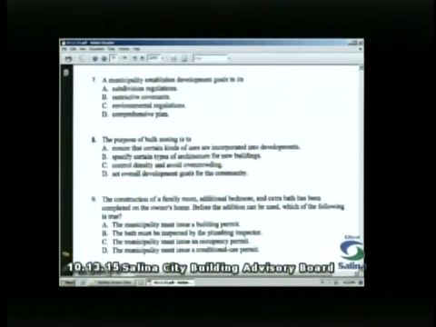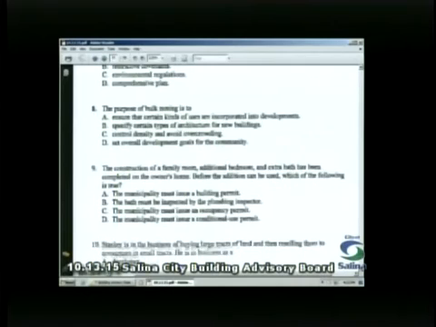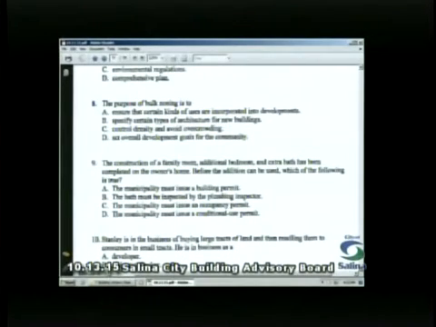The purpose of bulk zoning is to... A, B, C, or D?